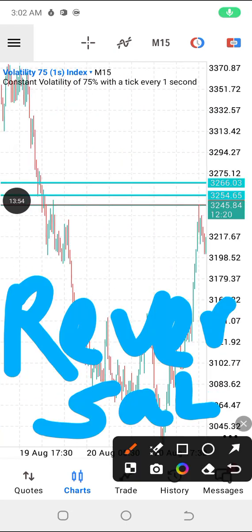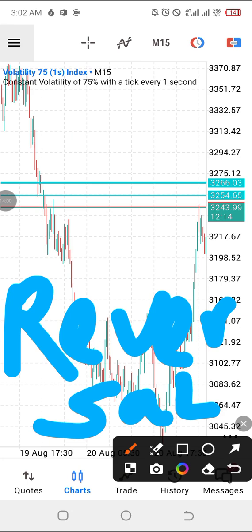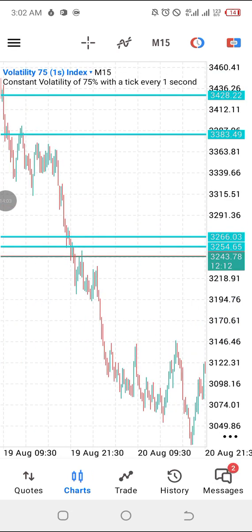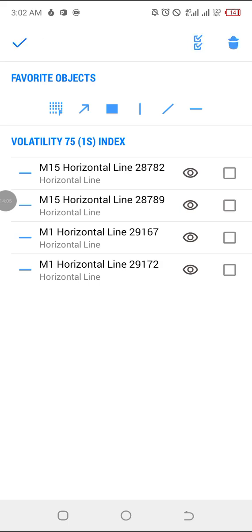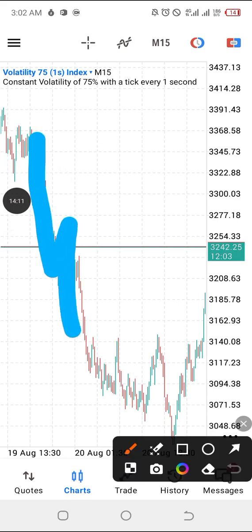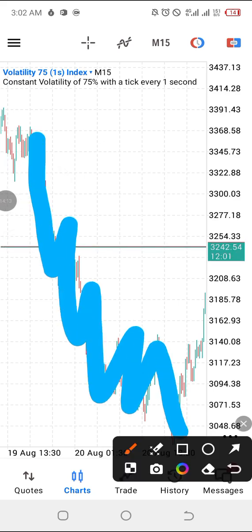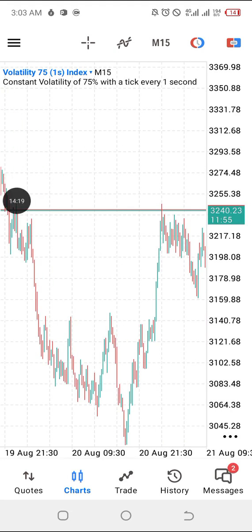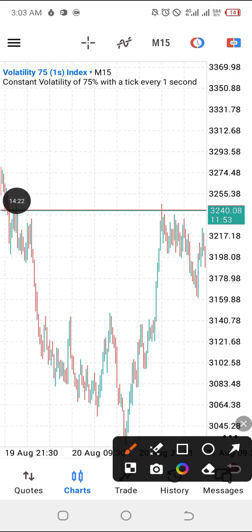Alright, so another thing I want to explain now is what we call reversal. Let me clear these horizontal lines. So as you can see, we're on downtrend, right? Downtrend, lower low, lower high. Okay, we're on downtrend. Then all of a sudden, there is now a reversal.